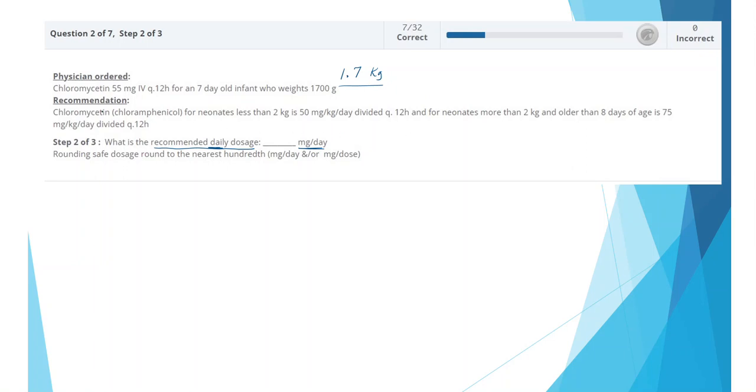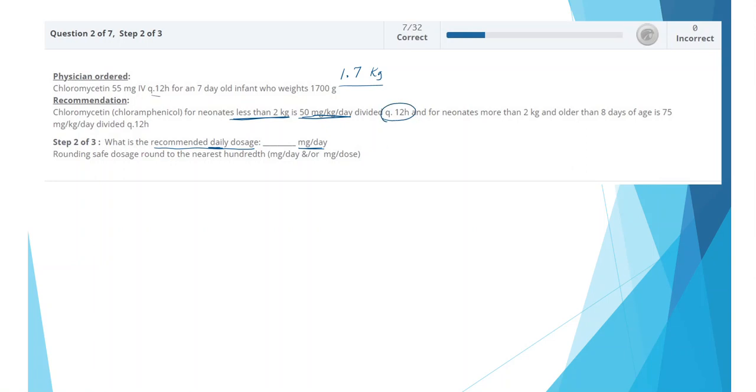And then I'm going to read the recommendation. The clarithromycin for neonates less than 2 kilograms is 50 milligrams per kilogram per day, divided every 12 hours. For neonates more than 2 kilograms and older than 8 days of age, it is 75 milligrams per kilogram per day, divided every 12 hours. Our infant is less than 2 kilograms, so we're going to use the recommended 50 milligrams per kilogram per day, divided every 12 hours.